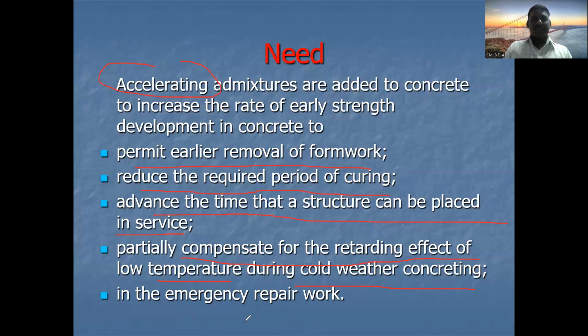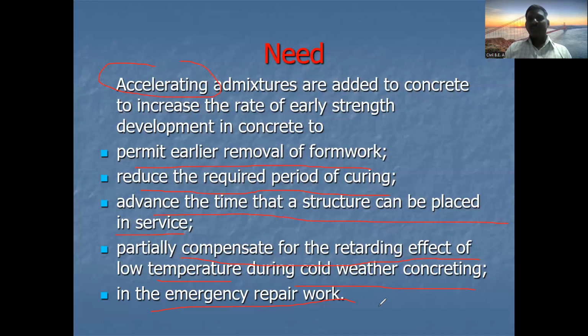And in that, we also add this type of admixture for emergency repair work, if any emergency repair work is there. As I told you, on some bridges and roads where traffic is there, we have to release that traffic early from that particular road or bridge.